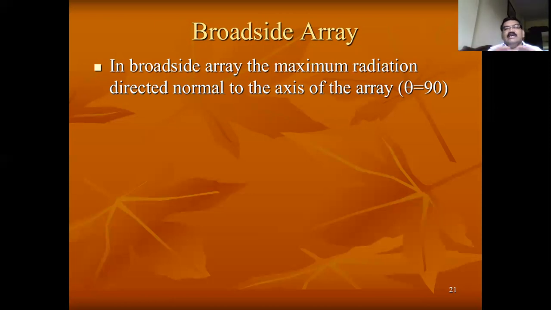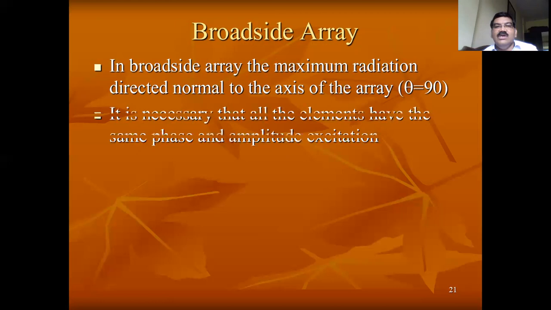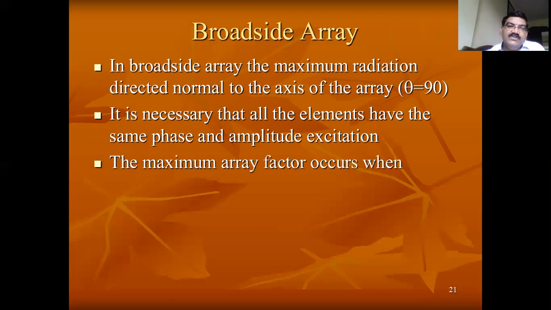So horizontally the radiation pattern is there, that is theta equals 90. It is necessary that all the elements have the same phase and amplitude excitation. Previously we discussed the progressive phase, but here for the broadside we require the same phase for all elements, and the same amplitude for the excitation.